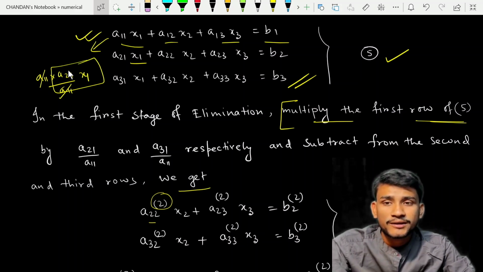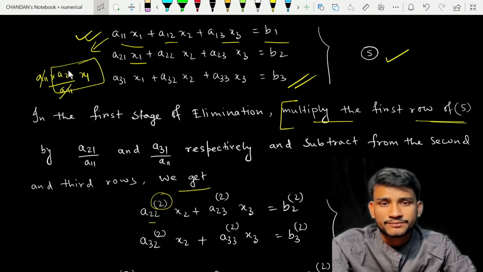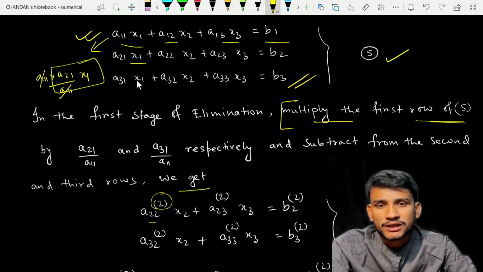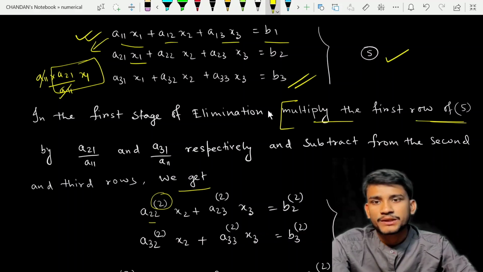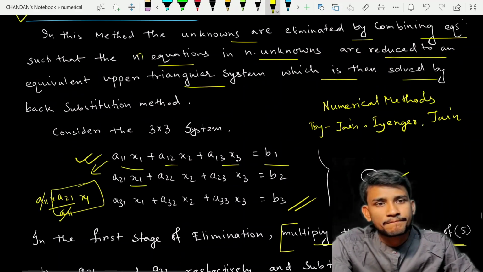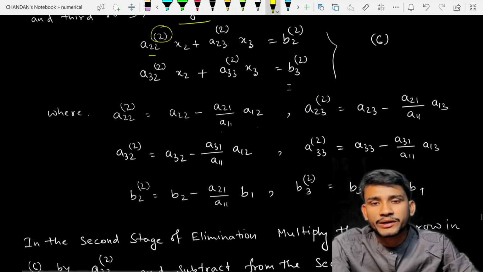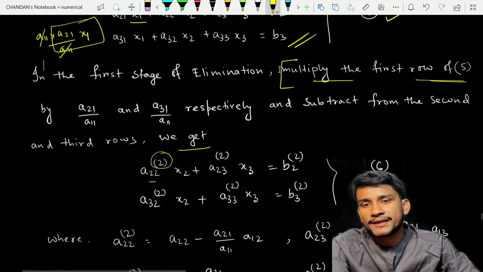So this is our motto: to vanish the x1 term, to convert the system to an upper triangular matrix. That's why we vanish these coefficients.